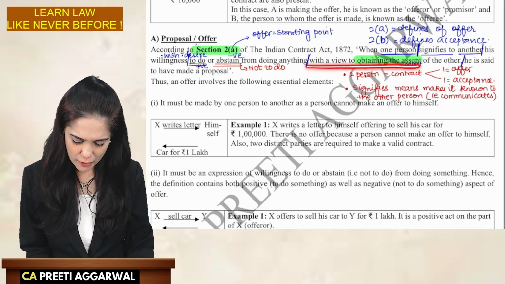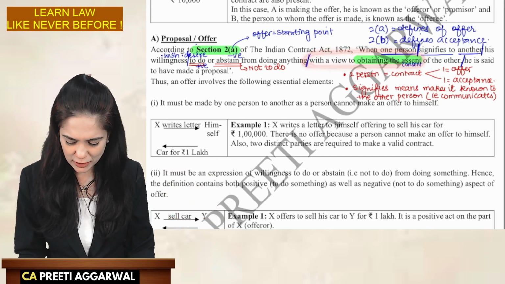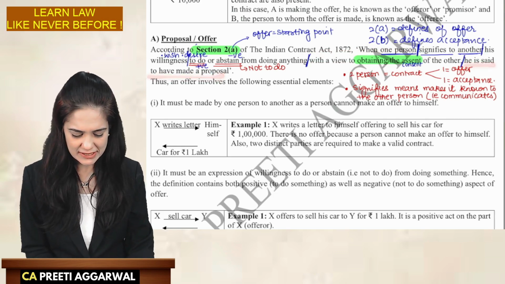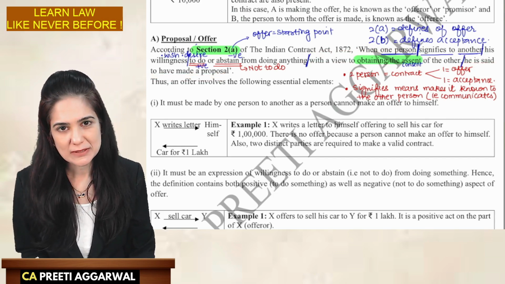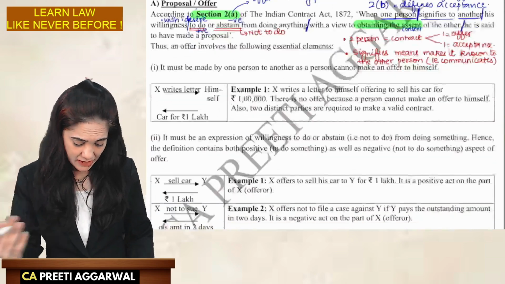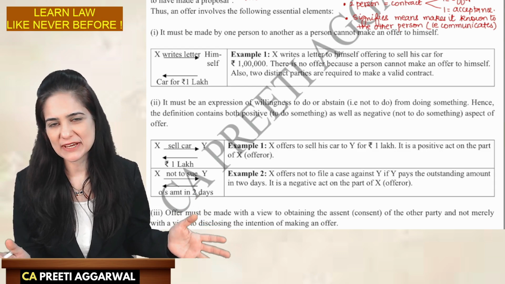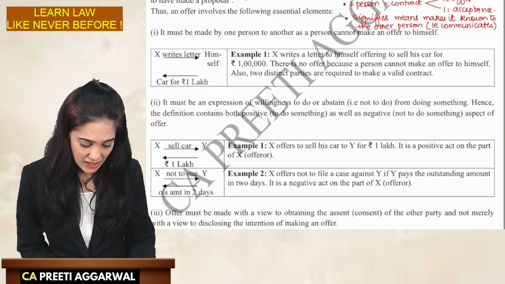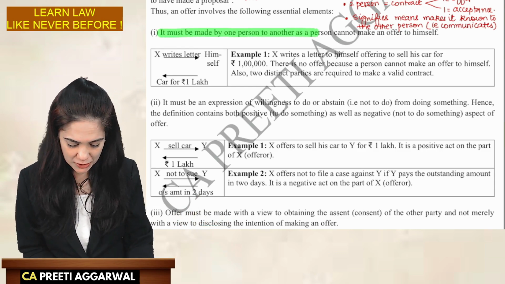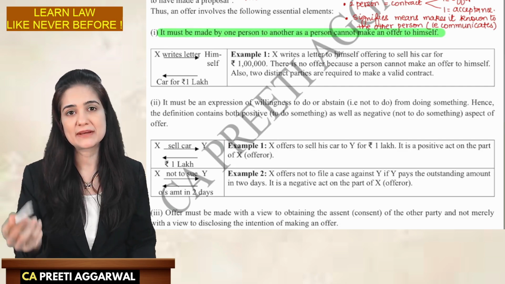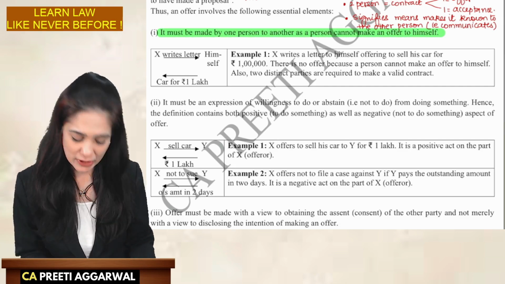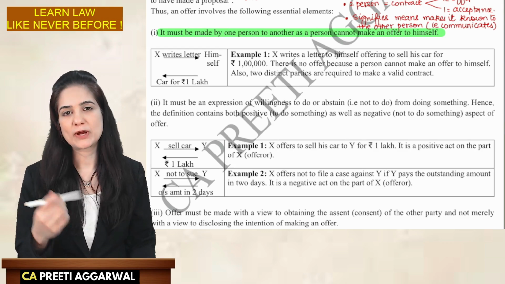With the aim of obtaining the assent, the consent of the other person, he is said to have made a proposal. There are essential elements of offer. We have covered all of the essential elements in the definition itself. Offer must be made by one person to another.